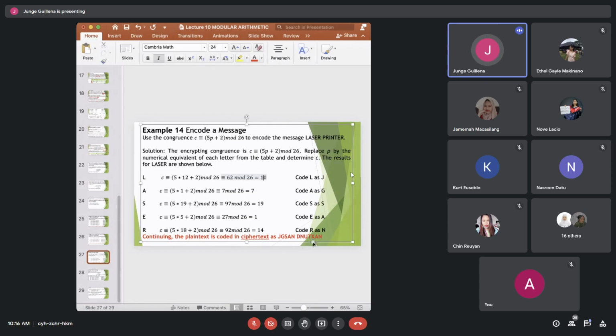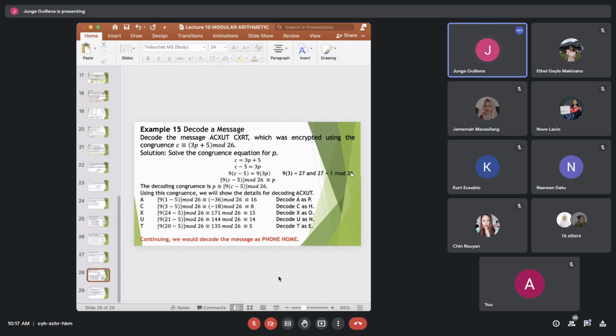So it can no longer be read. Once you code laser printer into ciphertext, it takes this form: J, G, S, A, N, D, N, U, T, X, A, N. Okay? So that is example 14.